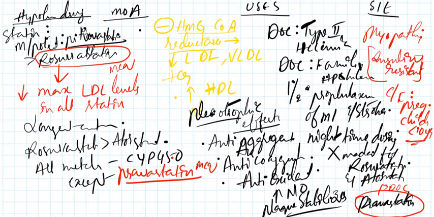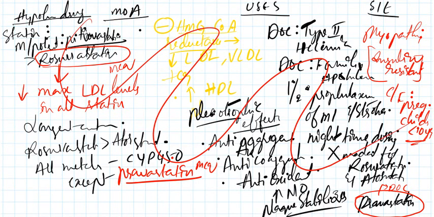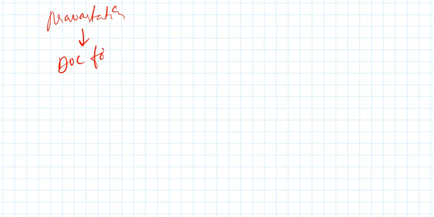So all of you, please just read this and remember. Now, one more thing about pravastatin. What is pravastatin's use? Pravastatin is the drug of choice for protease inhibitor induced dyslipidemia.